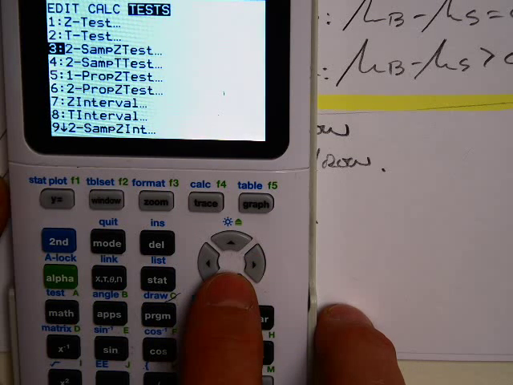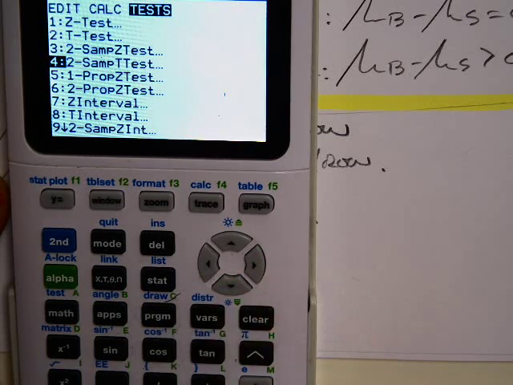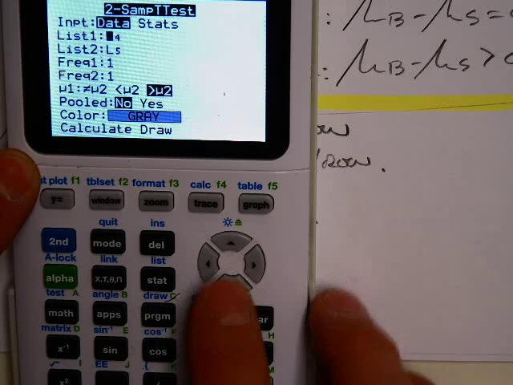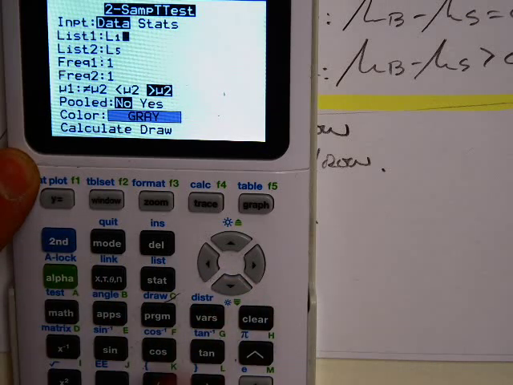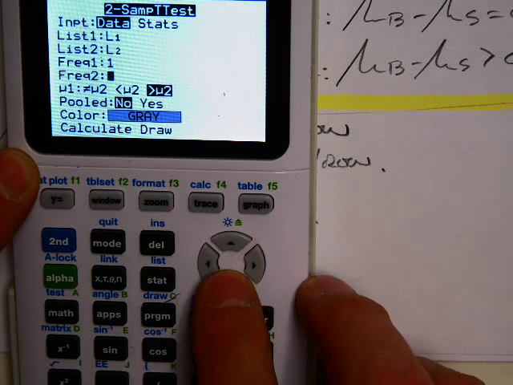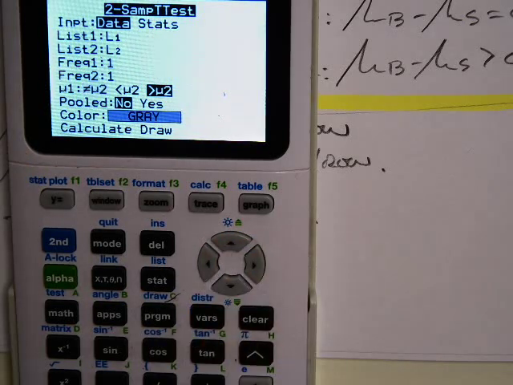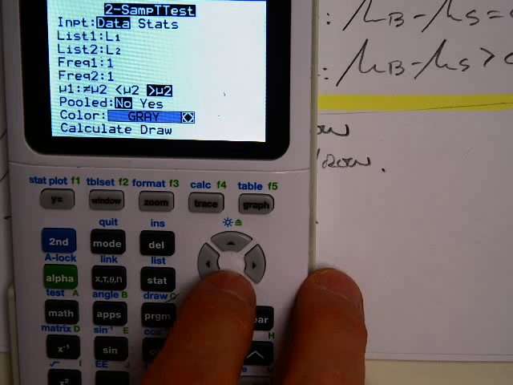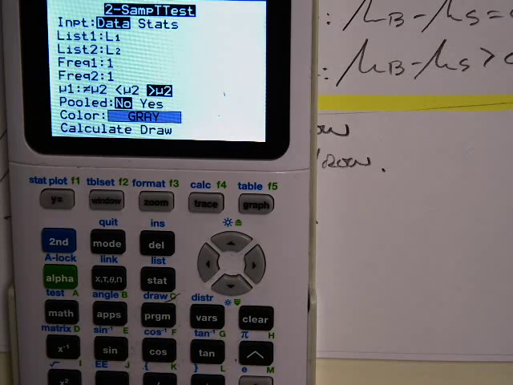I'm sorry, I said Z, it's a t-test. We don't have sigmas. So data. Let's see, I've got an L1 and I've got an L4 or L2. Let's see, we think L1 is bigger than L2, L1 being the baseball throw. So I think I'm good there. Pooled is no, and calculate.